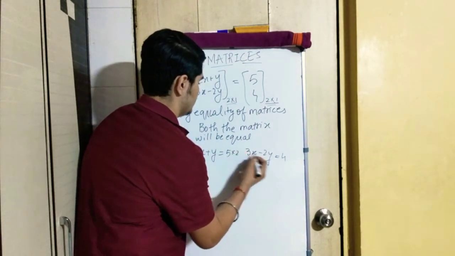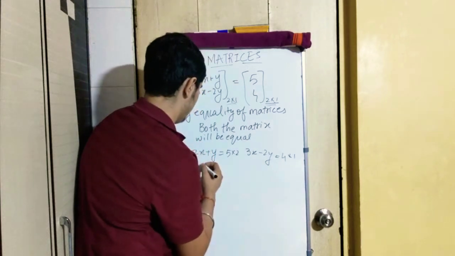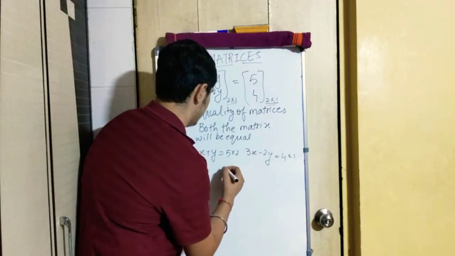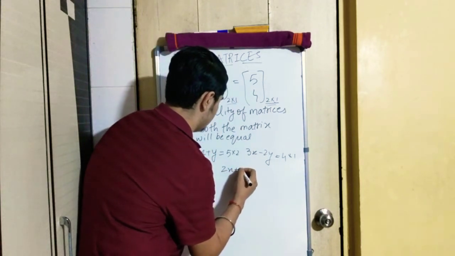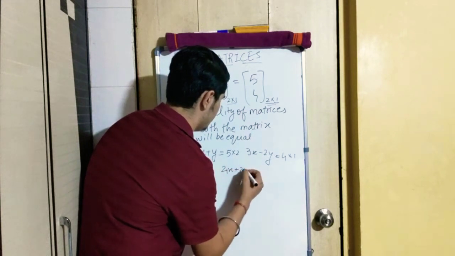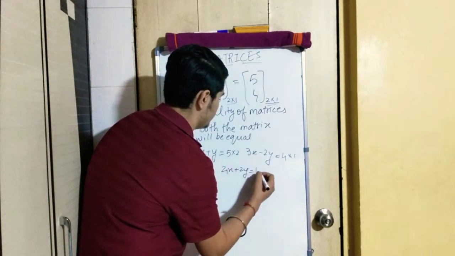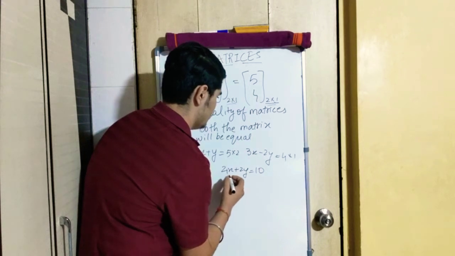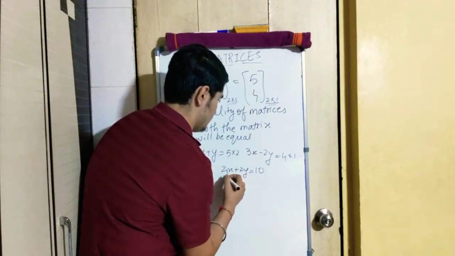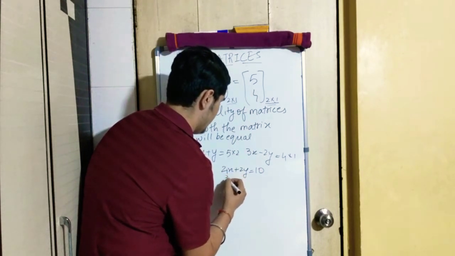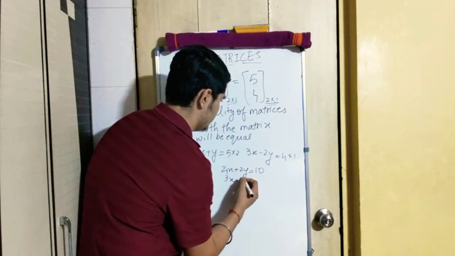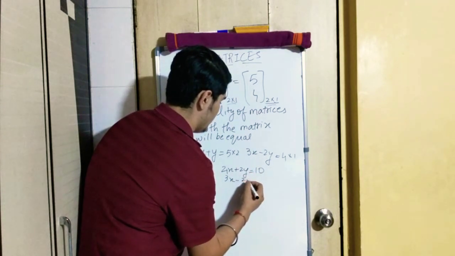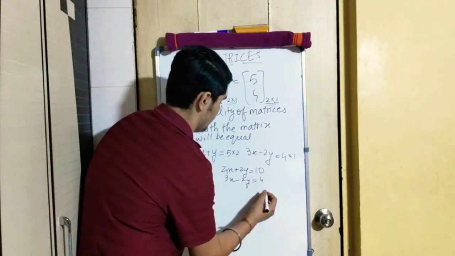So let's multiply this with 2 and this with 1. So we get 4x plus 2y is equals to 10, and this has 3x minus 2y is equals to 4.